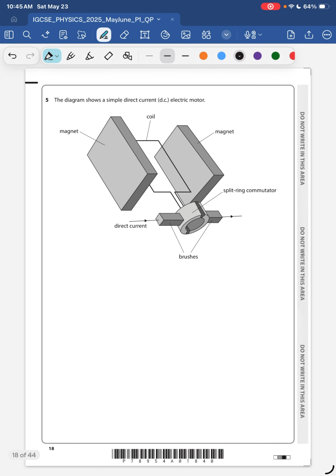And the external circuit is whatever they use to provide current to the coil.